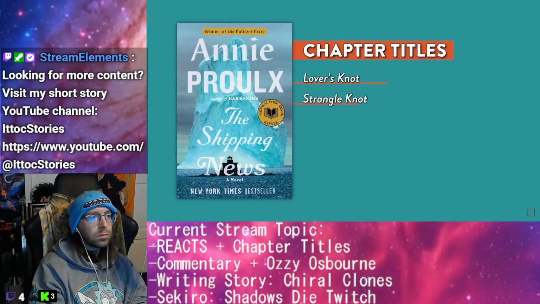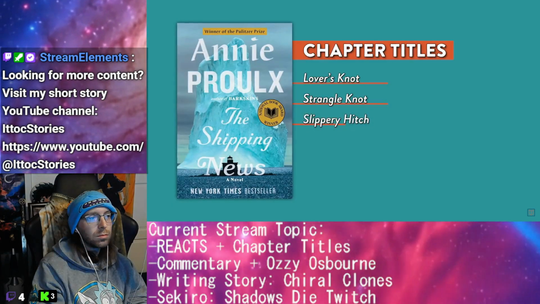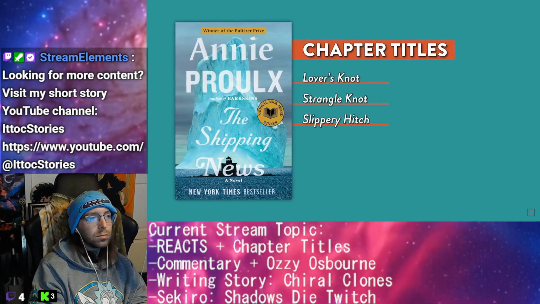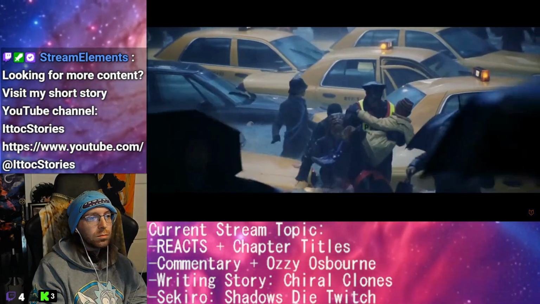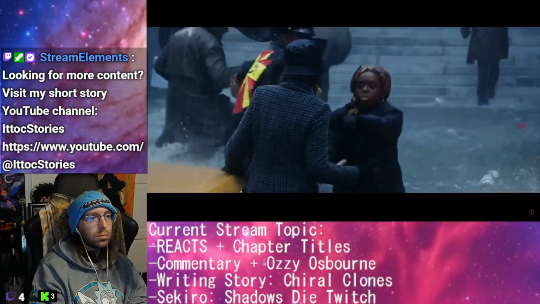She also has one called Strangle Knot, and yes, metaphorically, the plot does tighten around these characters quite uncomfortably. And she has a chapter called Slippery Hitch, which is a knot that's particularly used in really tough weather, which is exactly what the main character fears in this chapter. So if you do have a strong theme in your book, use that as a way to make all your chapter titles match in a really fun way.